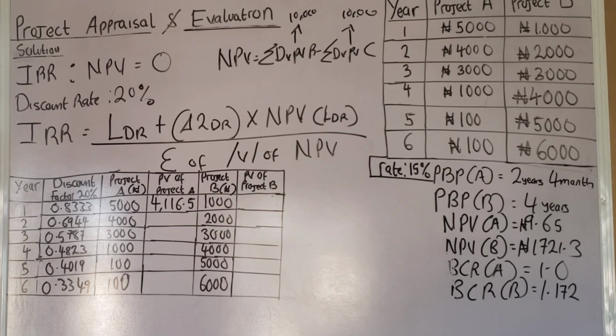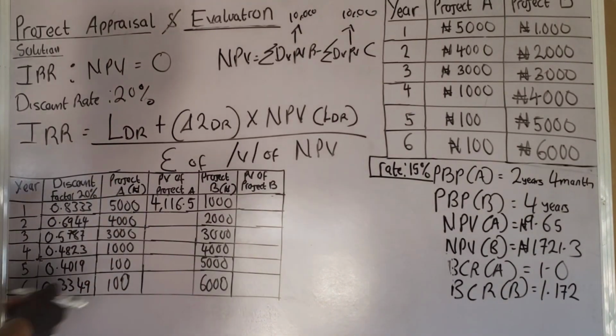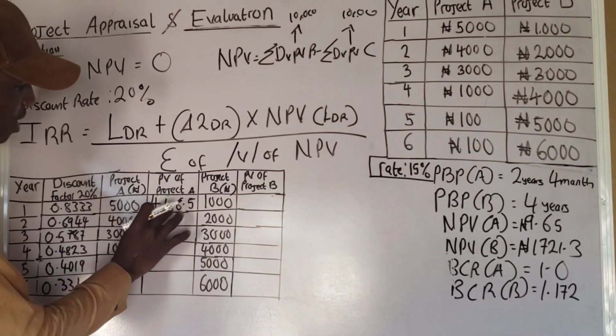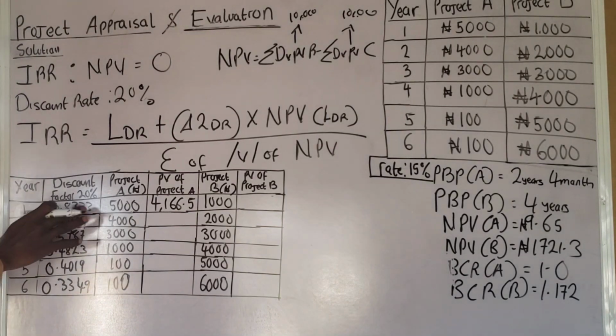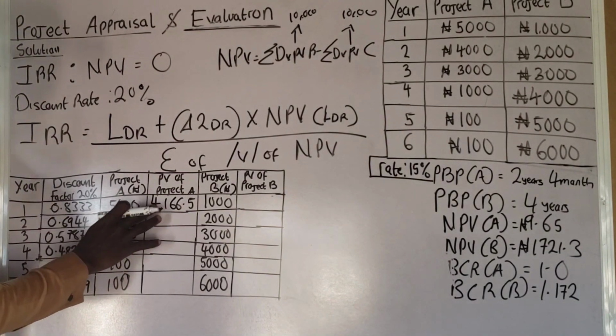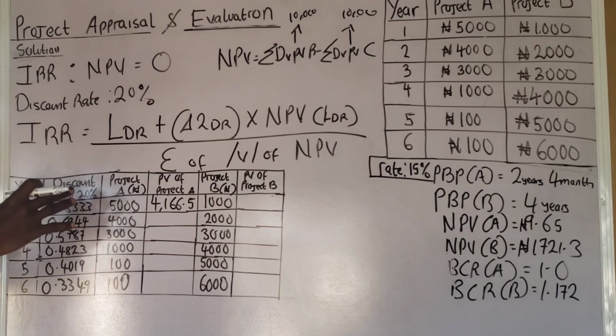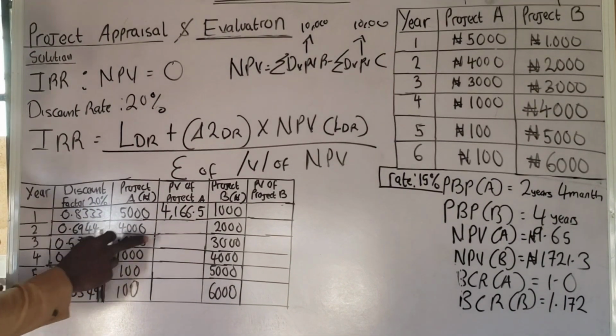Something is wrong. It is not 4,116, it is 4,166. You understand? When you multiply 5,000 naira and this together, it is 4,166.5. Okay? So let us move to the second cell.